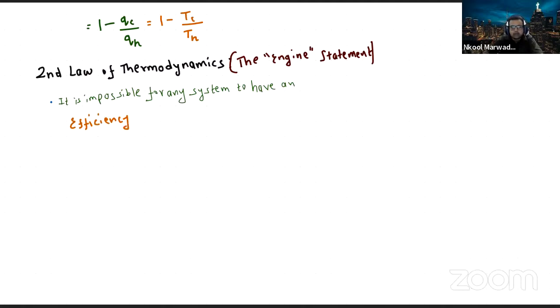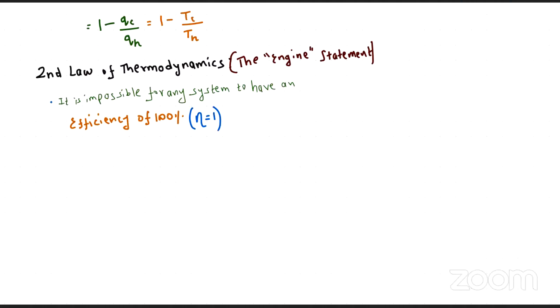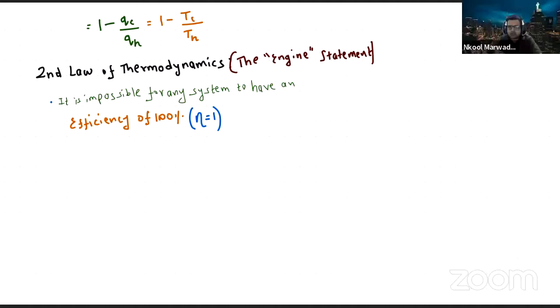And when the efficiency is 100%, it is impossible according to the second law of thermodynamics. It means that, see, what is efficiency of 100%?